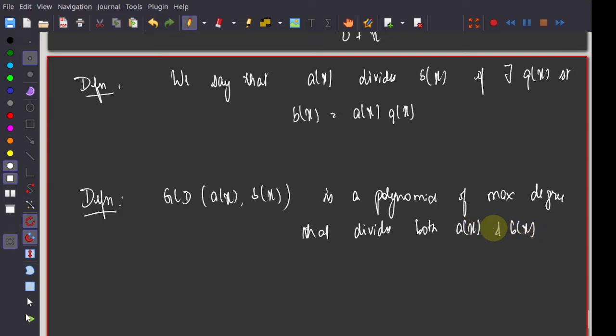But unlike the integers, in this case, the GCD is not unique.